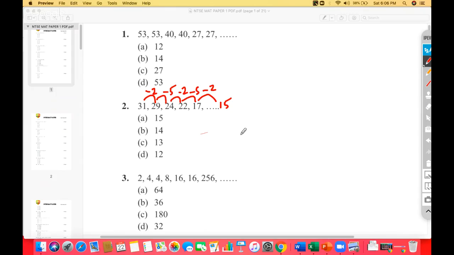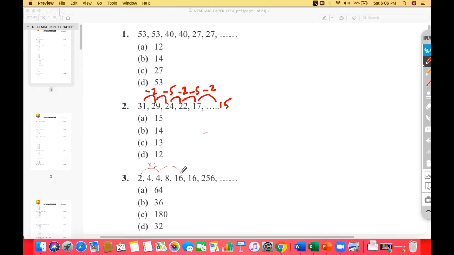Question number 3, what's the answer? Question number 3, answer is D. So it is an alternate series. You can see 2 to 4 multiplied by 2.